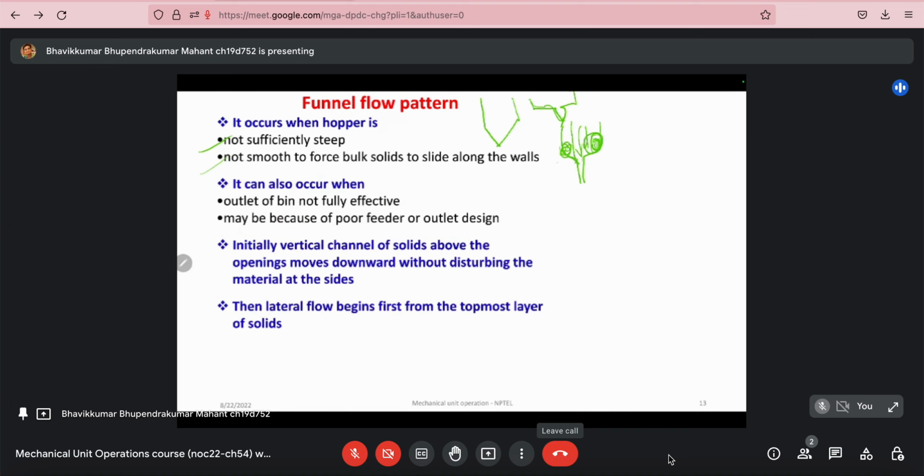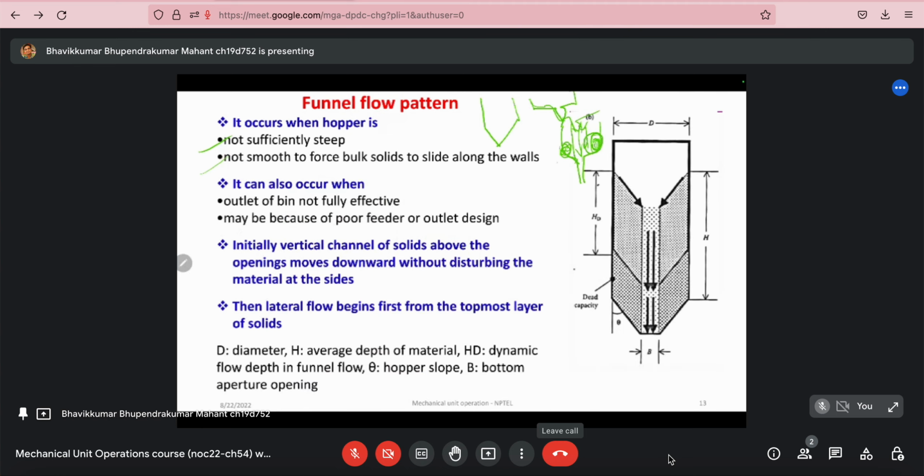Then the lateral flow begins first from the topmost layer of solid, and the lateral layer is also just following them. So if you talk about the lateral flow, you can understand the flow is going like this, and then this kind of region is a stagnation zone or dead capacity which is always there, and this lateral zone is also gradually going this way only.